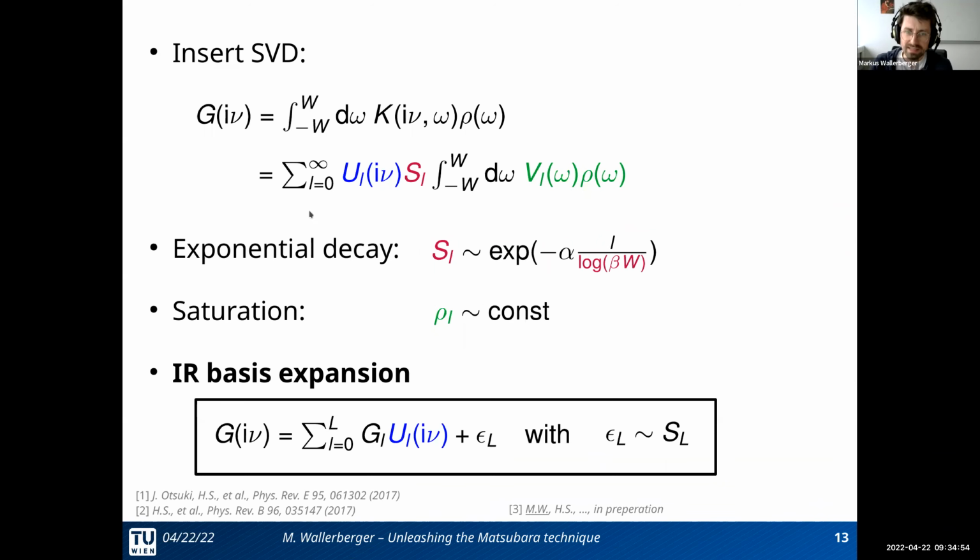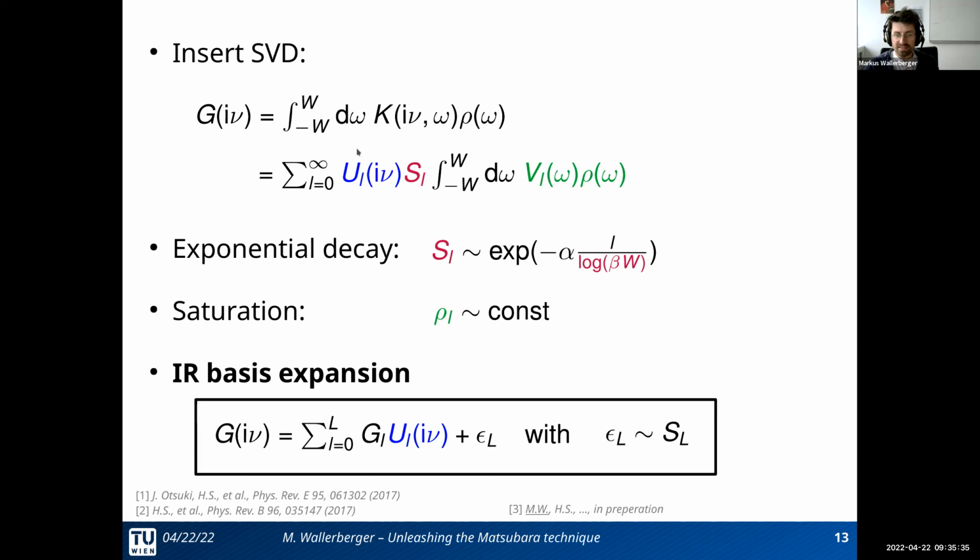So you can still use the kernel and you can still use the low rank decomposition, but you have to confine yourself to the imaginary time axis. There are a couple of papers that go in this direction. However, on the imaginary time axis, these singular values, together with the fact that these coefficients do not blow up, mean that taking this as an expansion coefficient, G_l, this whole thing, these are guaranteed to decay, because they decay at least as quickly as the singular values, because that's the prefactor here.